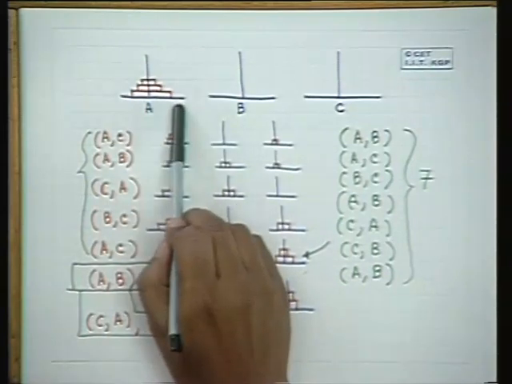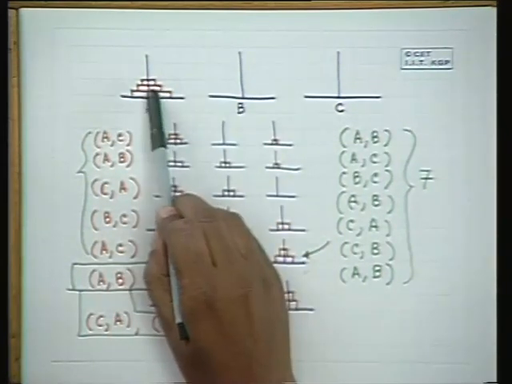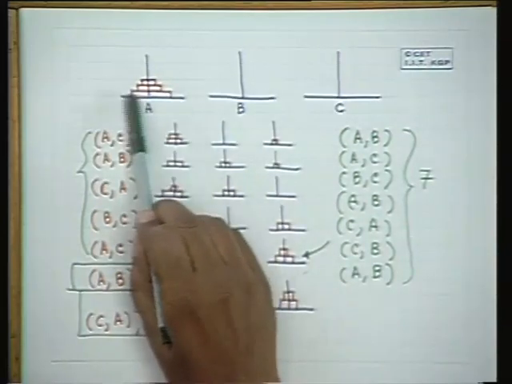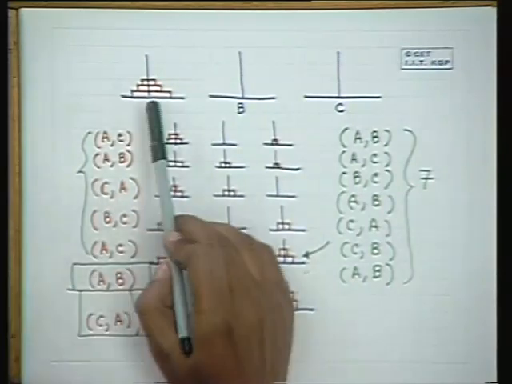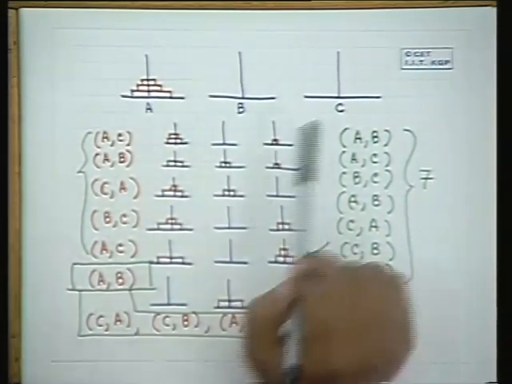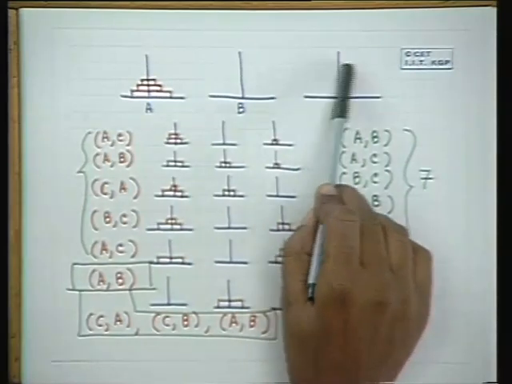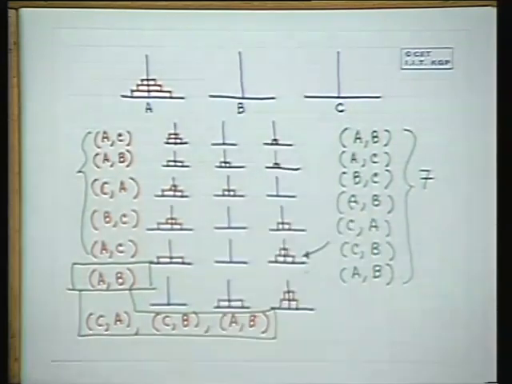To solve the 3 disk problem from A to B, we have solved the 2 disk problem from A to C because the larger disk need not be touched. Then we have moved the largest disk from A to B, and then again we have solved the 2 disk problem from C to B.